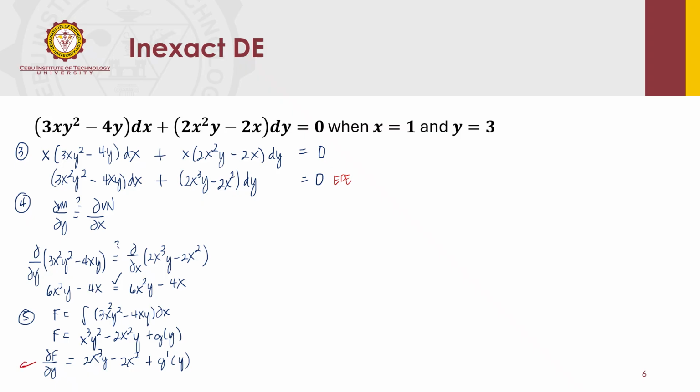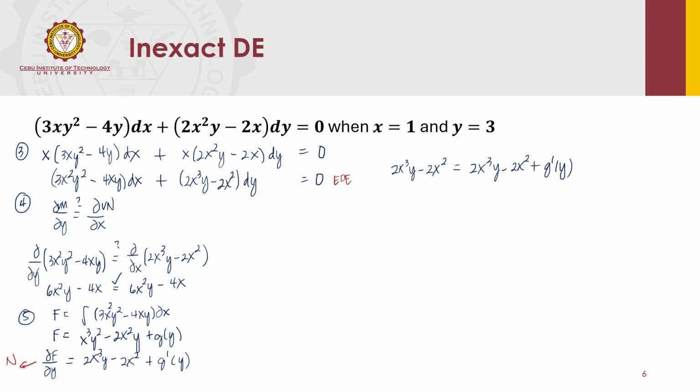So this is going to be equated to N. So the new N here is 2x cubed y minus 2x squared, and on the right side, we copy this. So it's 2x cubed y minus 2x squared plus g prime of y.